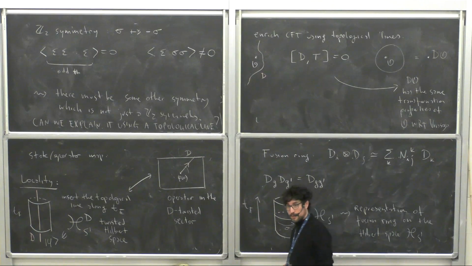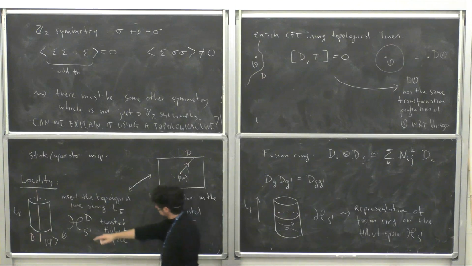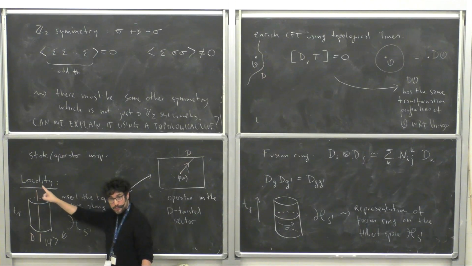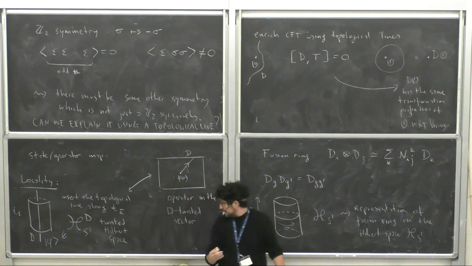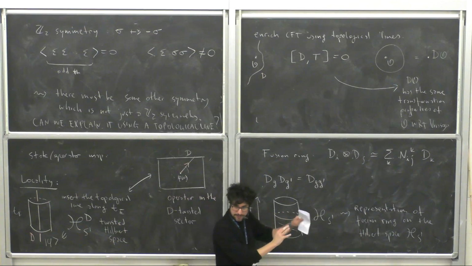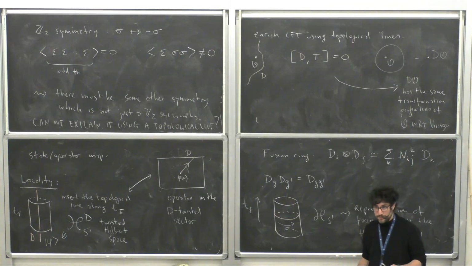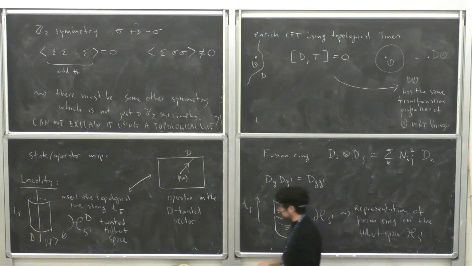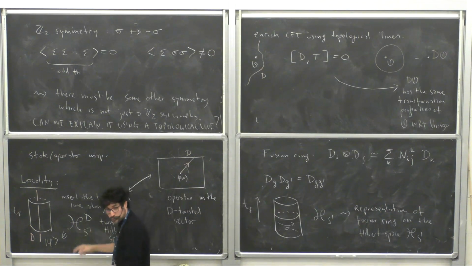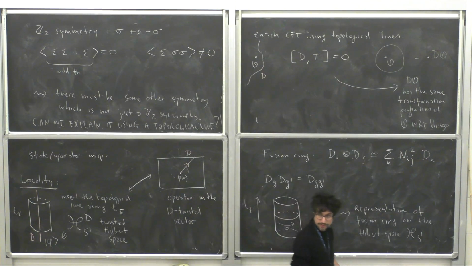In each of the time slices, there will be an insertion of this line. So the twisted sector Hilbert space and the Hilbert space on the circle that we constructed earlier are not the same space. They are different. And it is interesting to keep track of them in order to understand the symmetry structure of the CFT.